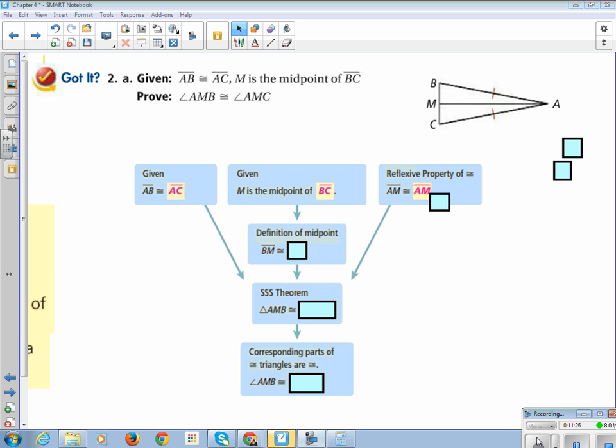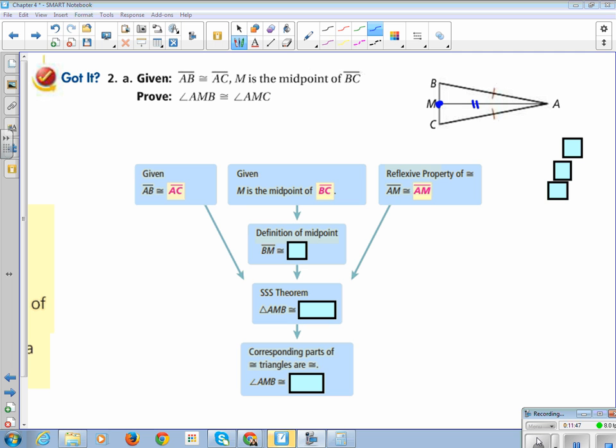Yeah, AM, it's like looking in a mirror. Now we have two sides, AB and AC. We have that this is the midpoint, and we have that AM is congruent to itself.